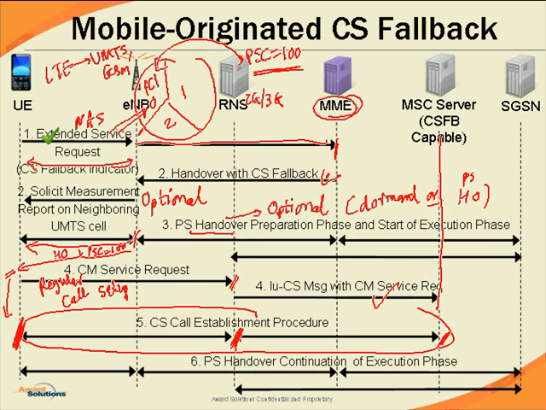And the call setup for voice is done, and then the packet switch handover is occurring next. So that will be between the UE, the RNC, and SGSN. So now we are moving the data from LTE to legacy technology.